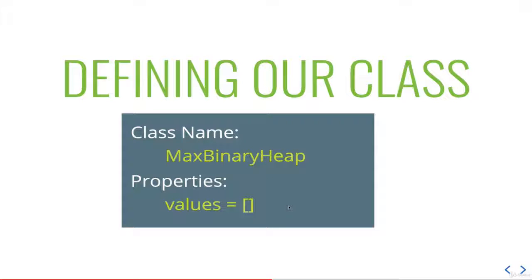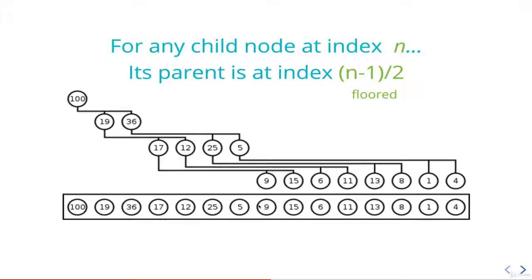And in this video, I'm going to walk through how we would add an insert method so that we could say max binary heap insert 10, max binary heap insert 50. And we'll just be storing things in this values array, where instead of having to create a bunch of nodes and connect them manually, we store them in an array and we use their position to model the actual structure.